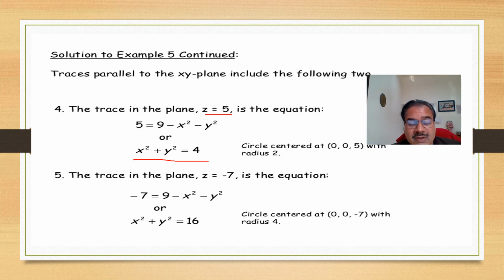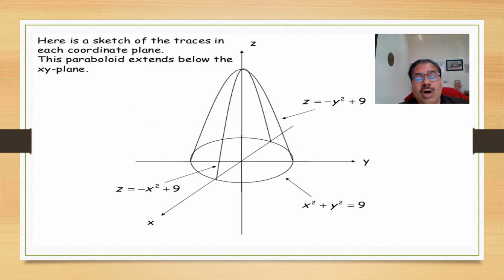The trace of the plane z equal to minus 7, on simplification, gives x square plus y square equal to 16, a circle centered at 0, 0, minus 7 with radius 4. Now you combine all of these, and you should be clear how the traces can be converted into pictorial form. So here is a sketch of the traces in each coordinate plane.